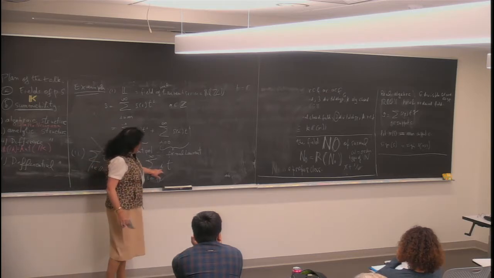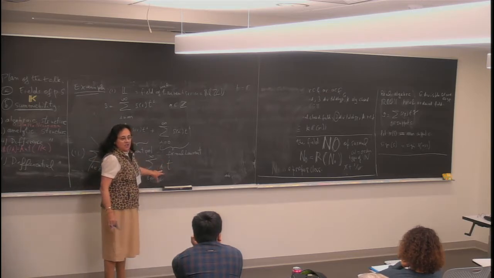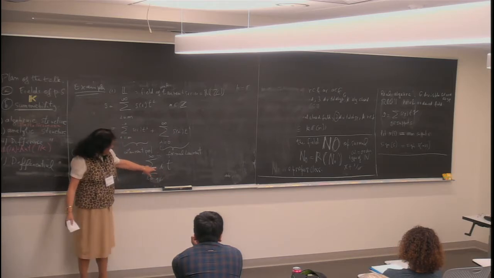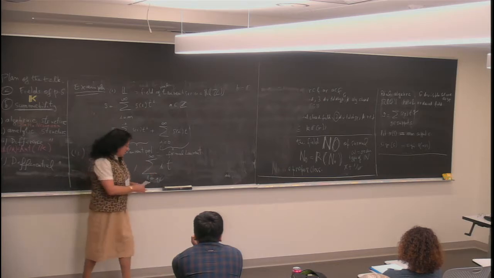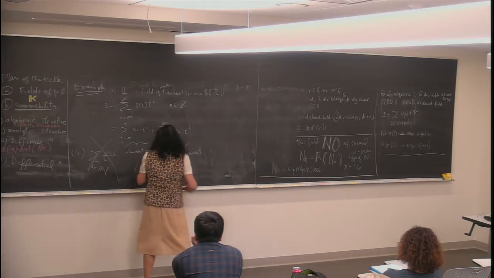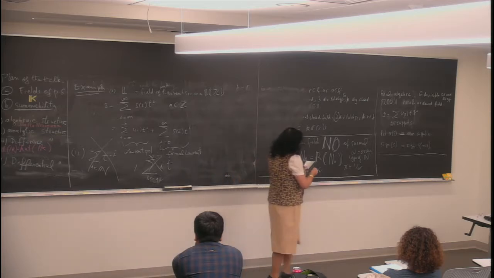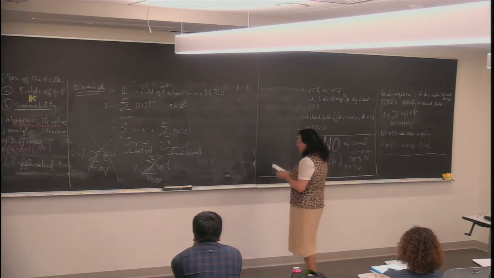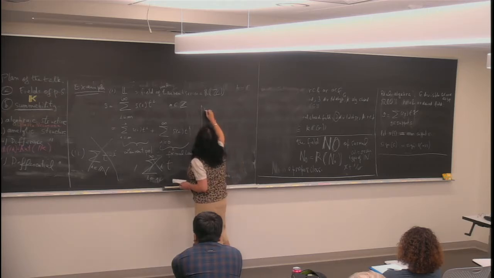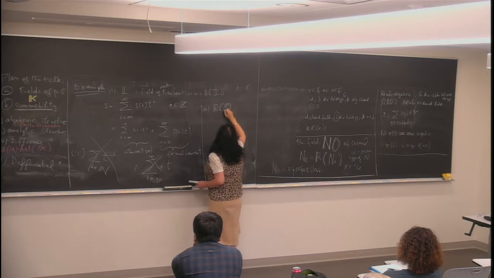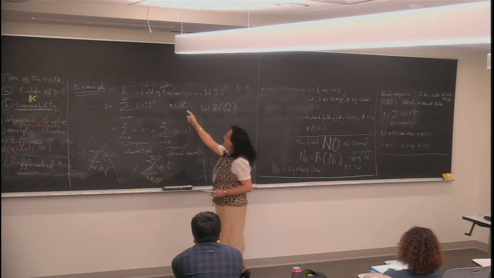Now I want to talk about examples which are no longer in the field with Z. So let us consider what happens with Q. So you see, Z has a very special property as far as well-ordered subsets are concerned.